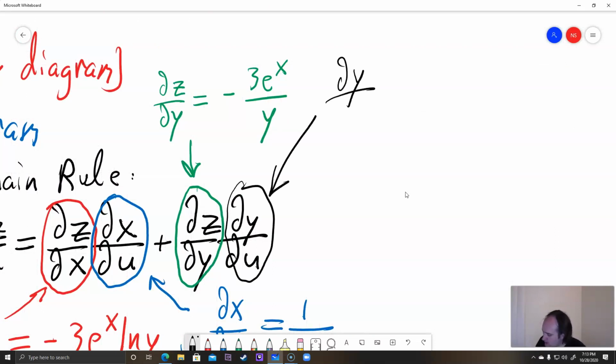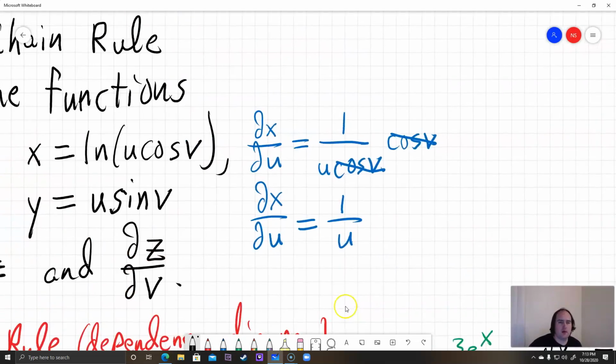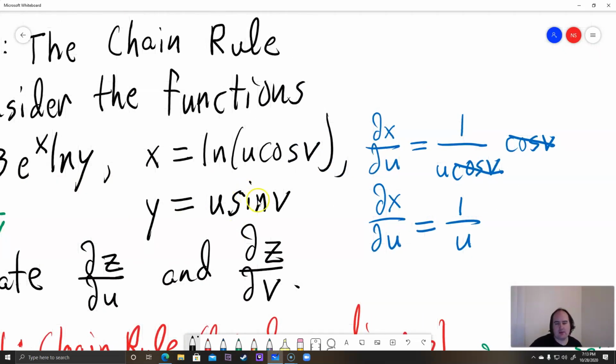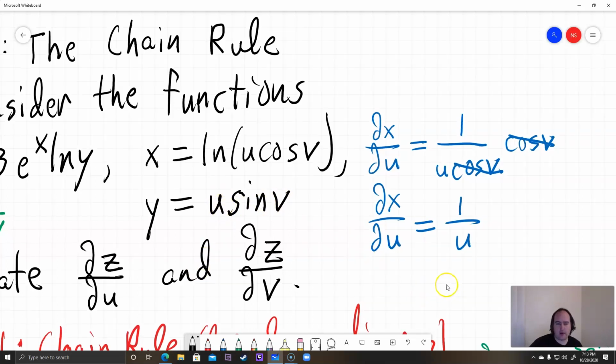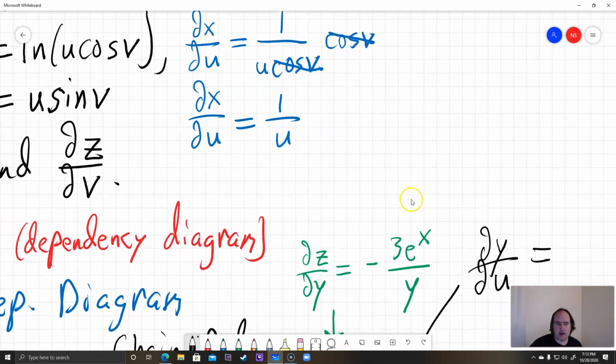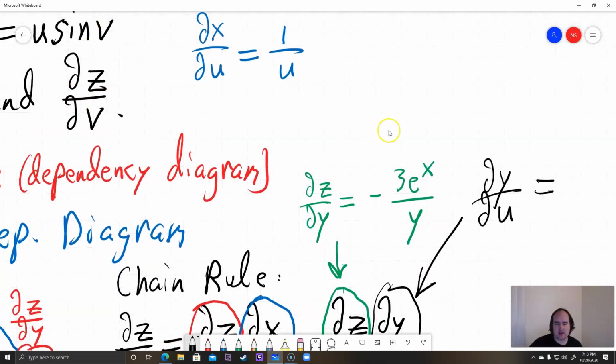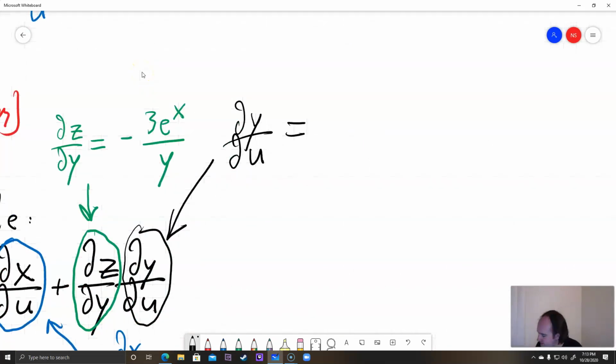We know that y equals u sine of v, and since we're doing partial y partial u, the other variable is constant. So v is constant, which means sine of v is constant. So we're literally just taking the derivative of u, which is 1. Okay? So partial y partial u is actually just going to equal sine of v.